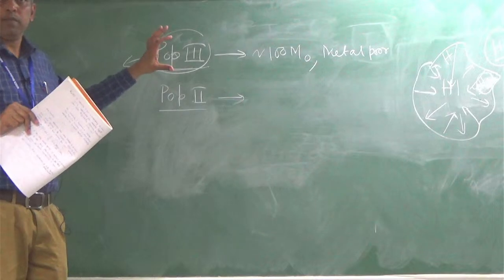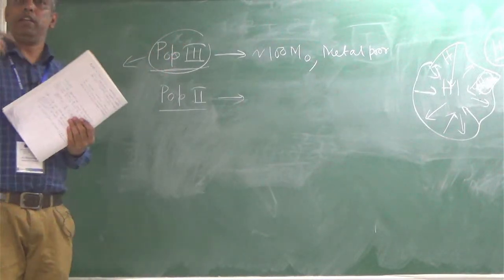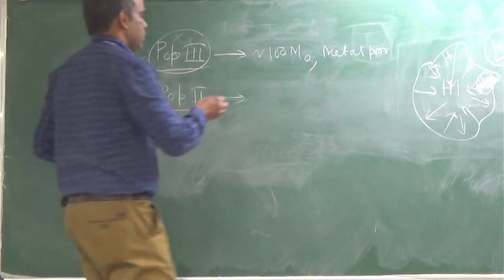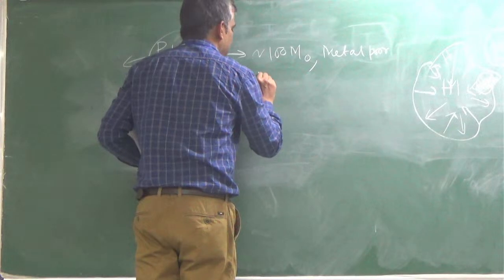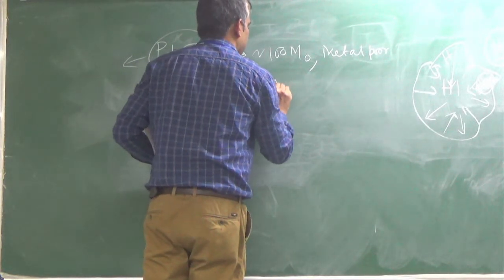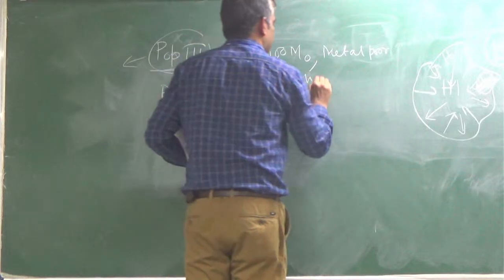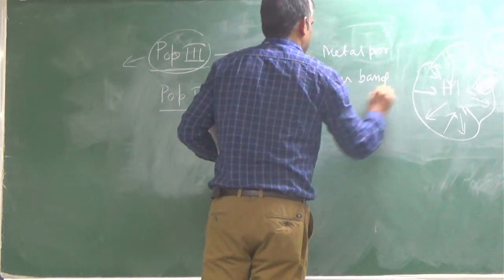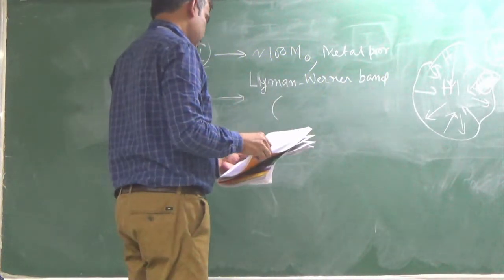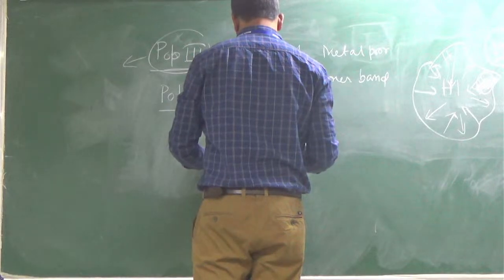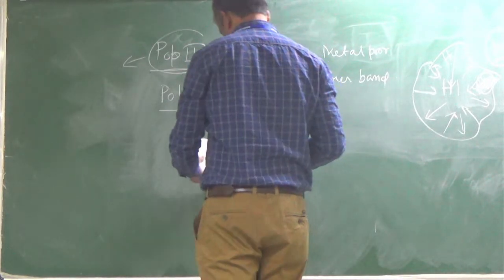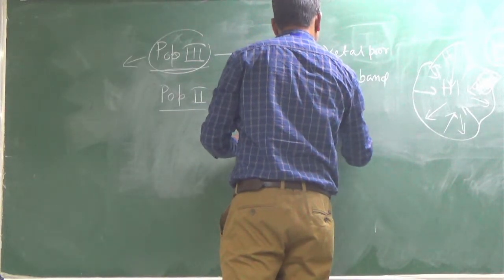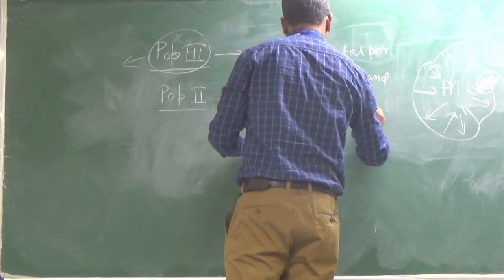Once you form stars, those stars are emitting all kinds of radiation, and the radiation which belongs to the Lyman-Werner band. The corresponding frequency is 11.2 to 13.6 electron volt.